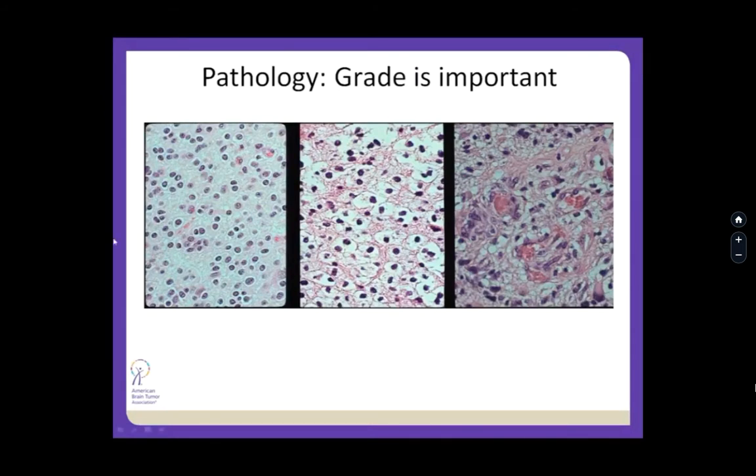On this slide, on the far left, as you're looking at it, that's the low-grade tumor. The middle is kind of halfway between a high-grade tumor and a low-grade tumor. On the far right, that's a much more aggressive high-grade, what we call an anaplastic oligodendroglioma or a grade 3 oligodendroglioma.